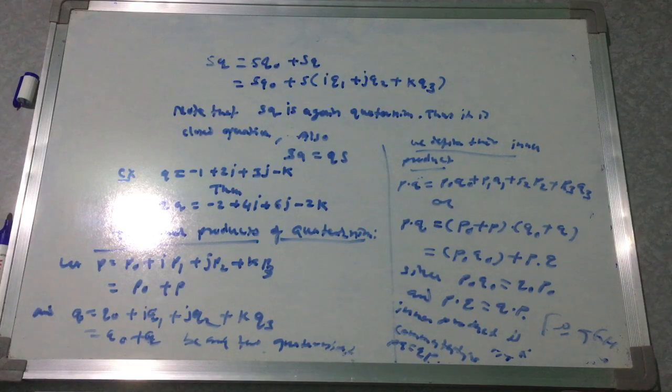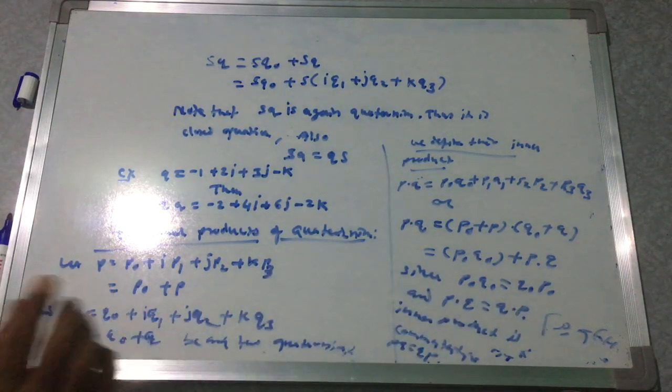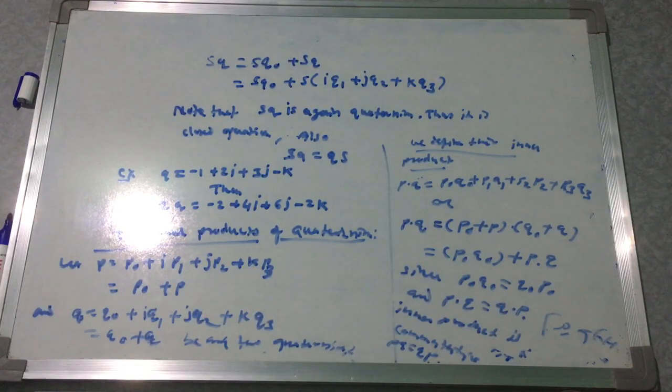Now we will look at the multiplication of two quaternions. H means Hamiltonian product.